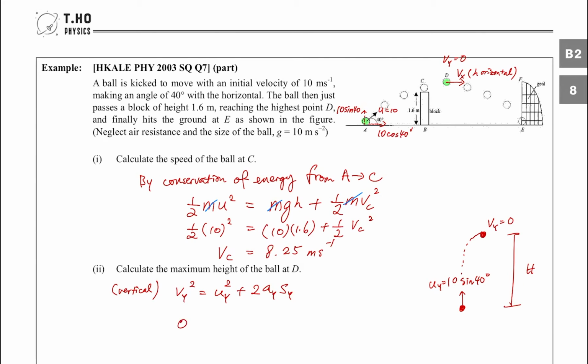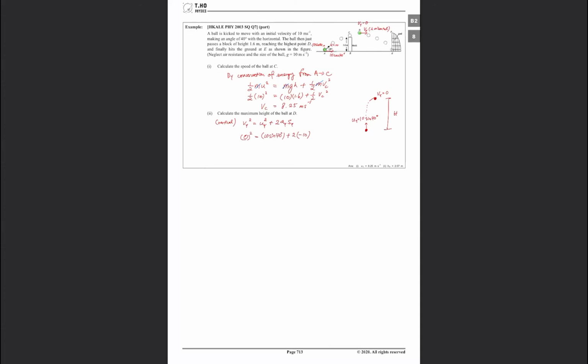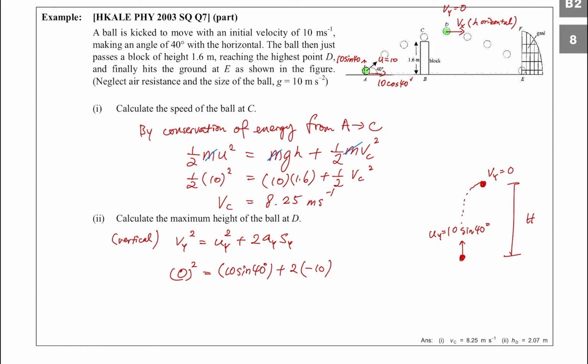We're going to substitute in the numbers. v_y is 0, u_y is 10 sine 40 degrees, squared, plus 2 times a_y, the acceleration due to gravity, so negative 10, times s_y, the displacement, that is how long a distance the ball has traveled vertically.